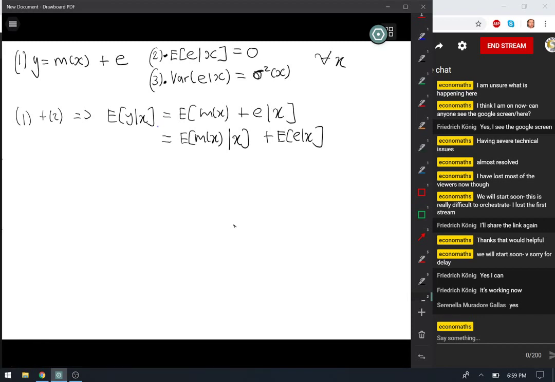Well, when we condition on x, x is fixed. So the first part is just m of x, and we've assumed that the other term is naught by assumption 2.